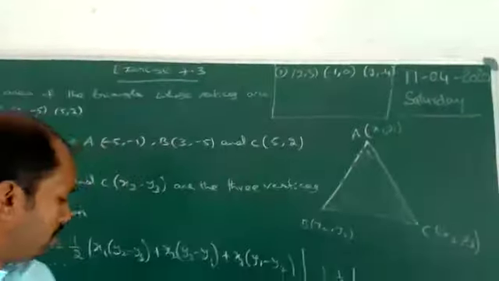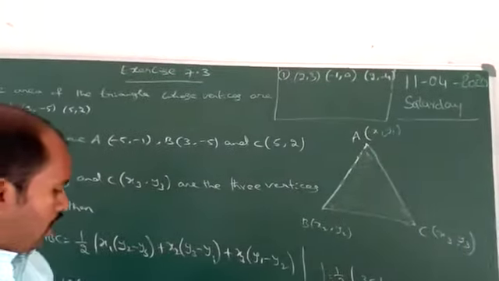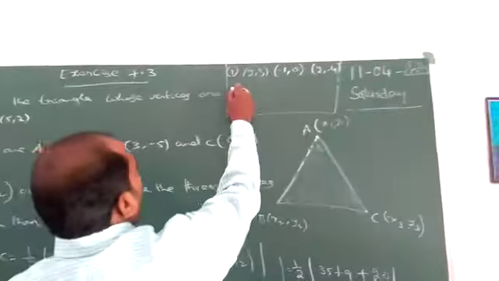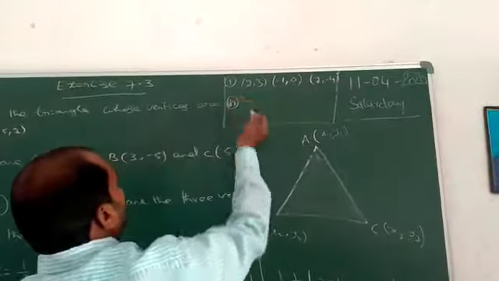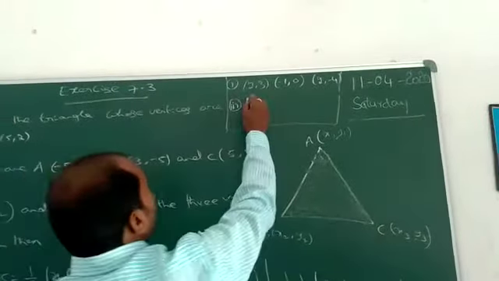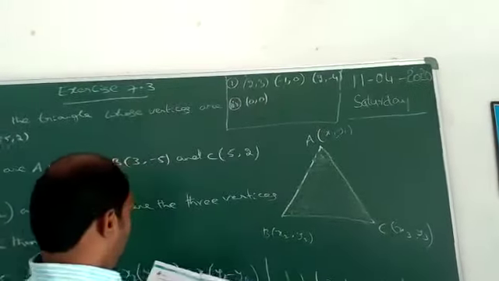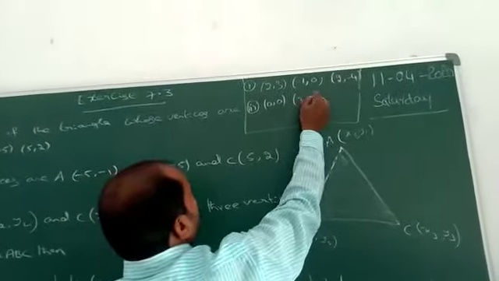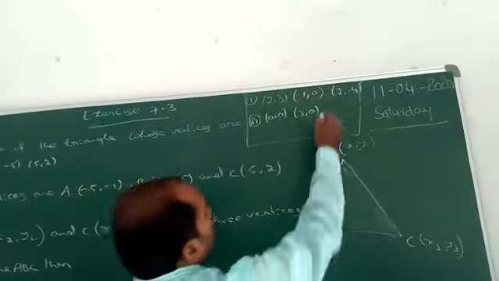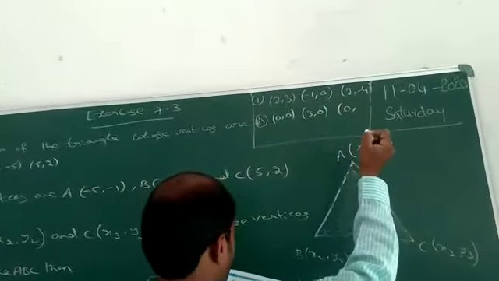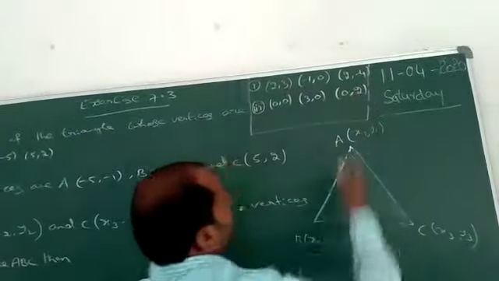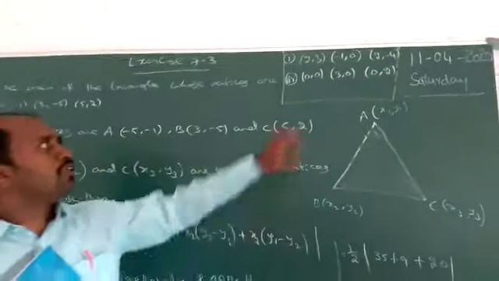Second bit is already completed. Now the third bit, also the same model. Points are 0 comma 0, 3 comma 0, and 0 comma 2. So these two bits you practice, same model.